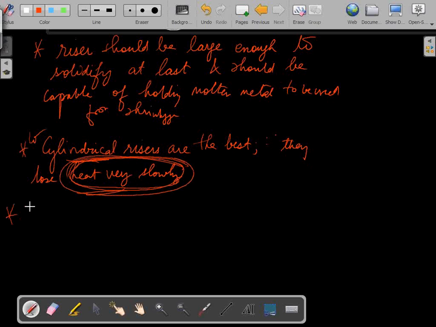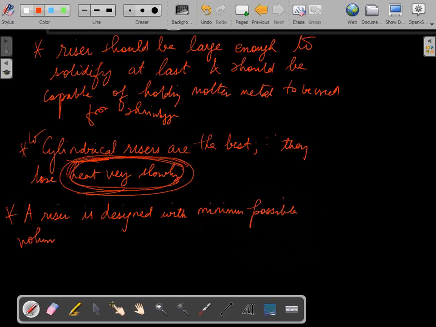Okay, now a riser is designed with minimum possible volume, so it should have minimum volume. Okay, because we need maximum volume for the mold cavity. It should have the minimum possible volume with cooling rate slower than the casting.